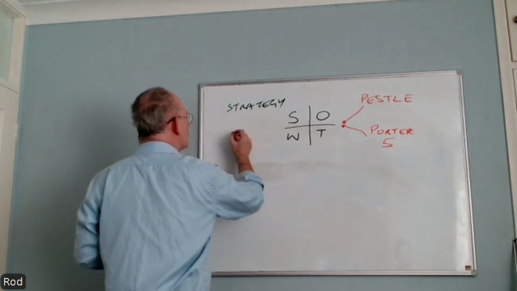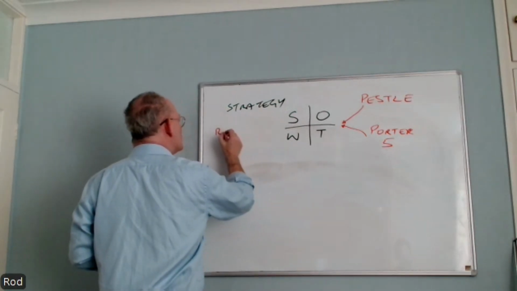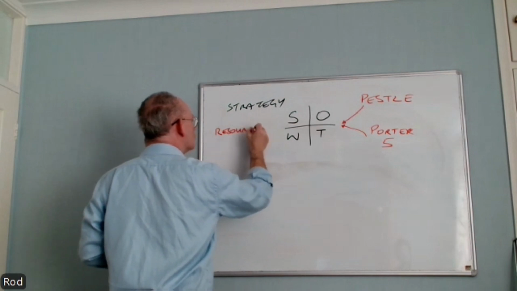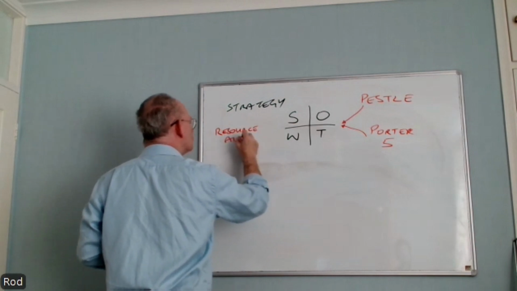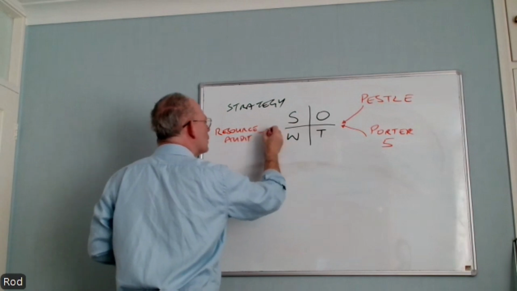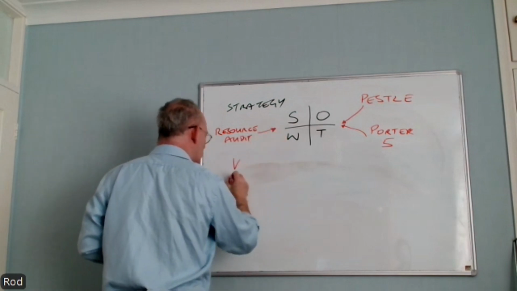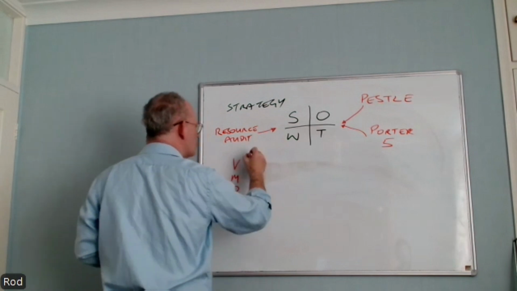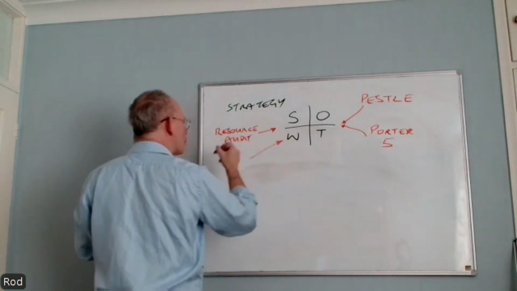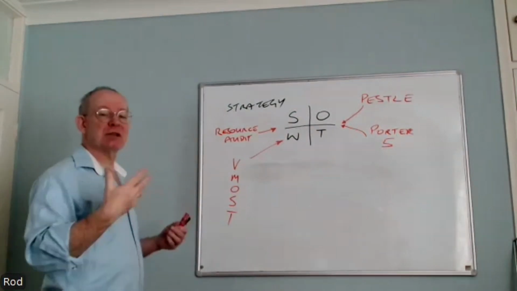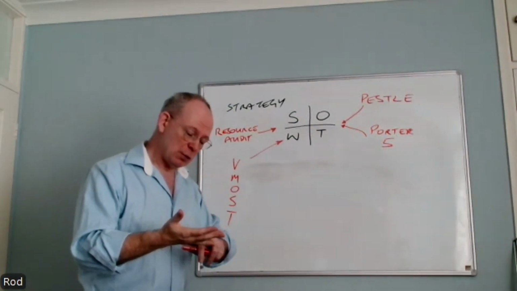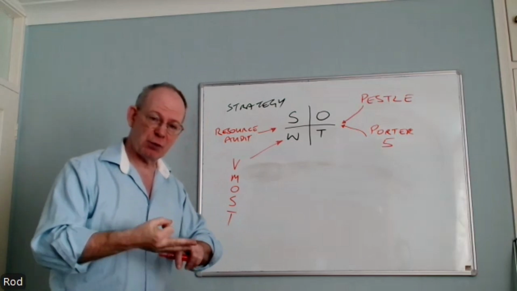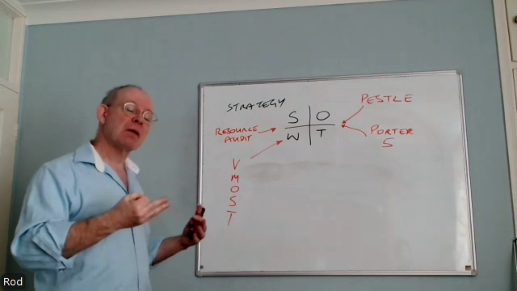From the strengths and weaknesses point of view, we have our resource audit and our VMOST. I'll concentrate on our VMOST in a bit. Resource audit consists of such things as our human resources, our financial resources, our physical resources we own as a business.